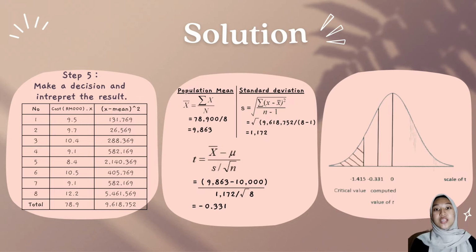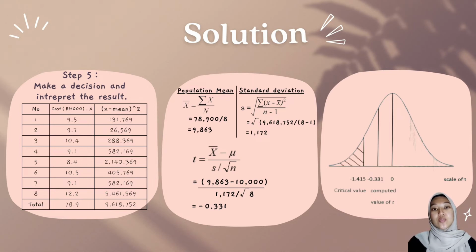The formula for standard deviation is the square root of the sum of the observations minus the mean, to the power of 2, divided by the total number of observations, and we will get the standard deviation 1172. To calculate the computed value of t, we use the formula shown on the slide. The negative 0.331 is the computed value of t that we get after calculating it.